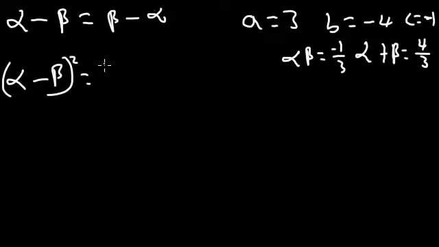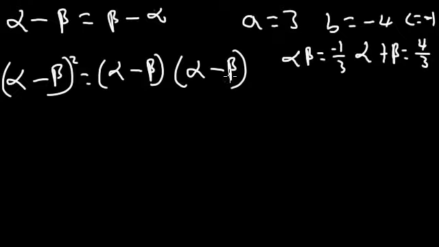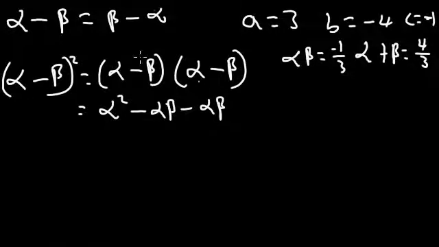That results in alpha minus beta multiplied by alpha minus beta. Expanded, alpha times alpha gives us alpha squared. Alpha times negative beta gives us negative alpha beta. Beta times alpha gives negative alpha beta, and negative beta times negative beta gives us positive beta squared.